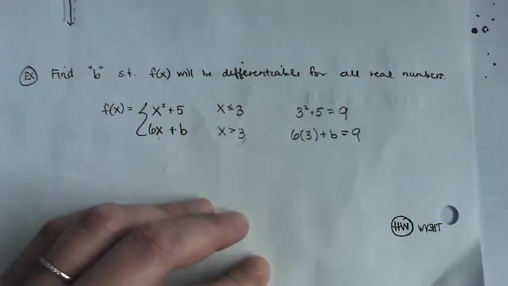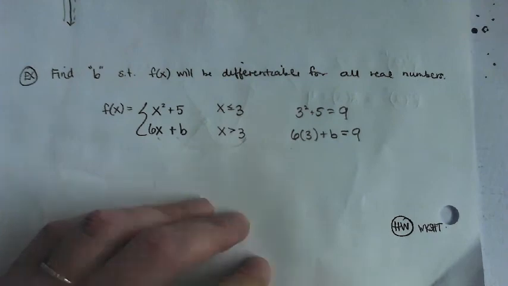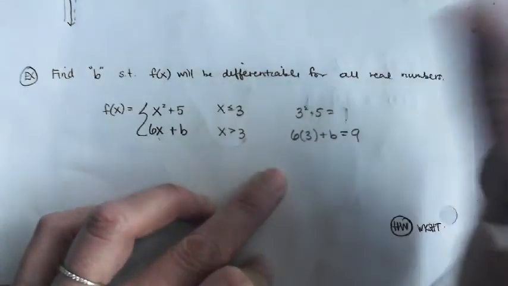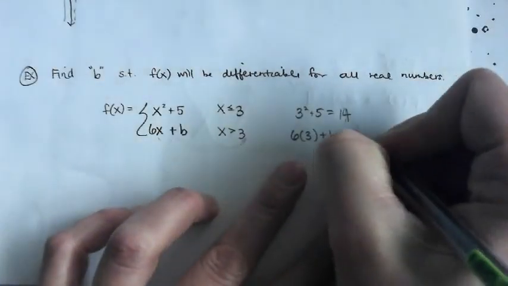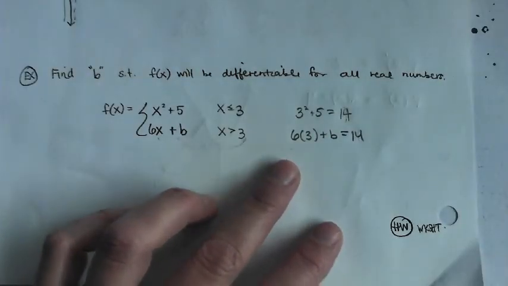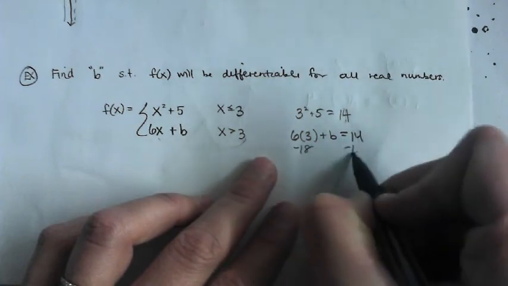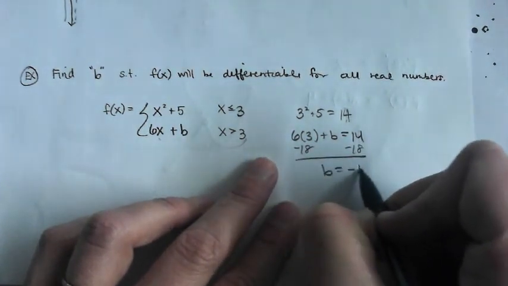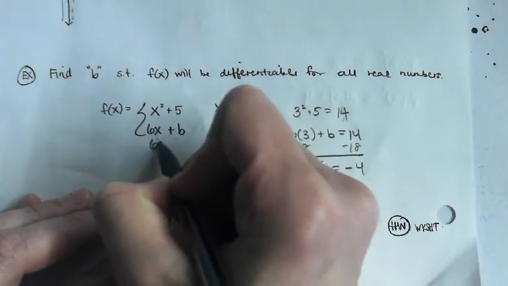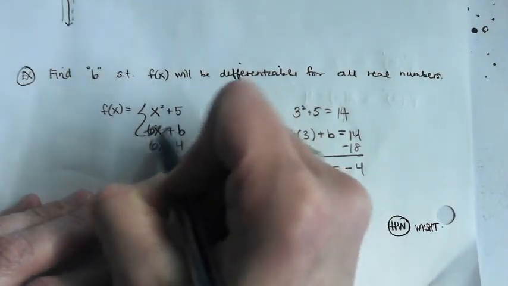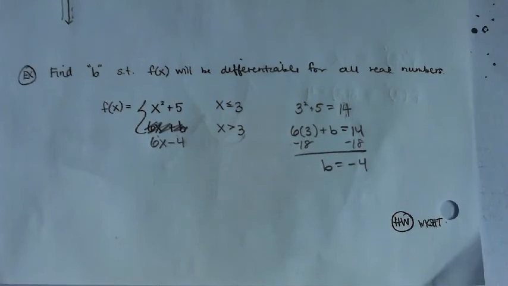Thank you. We want that to equal 14 as well. So then we have 18 plus b equals 14, subtract 18 from both sides, and b equals negative 4. So once we think we know that b is negative 4, we should double check that we are differentiable at 3.